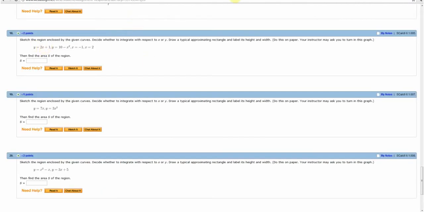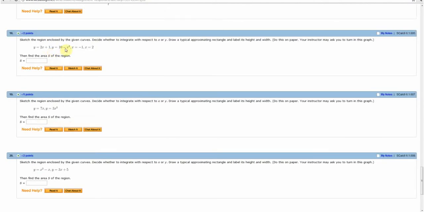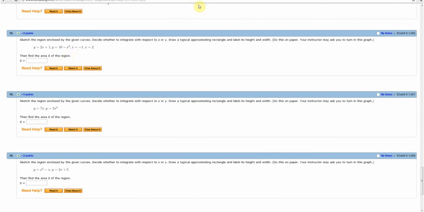So one line is 2x plus 1, so let me type that in here. 2 times x plus 1, that gives me the curve. And the other thing is 10 minus x squared. The other things are x equals minus 1 and x equals 2.